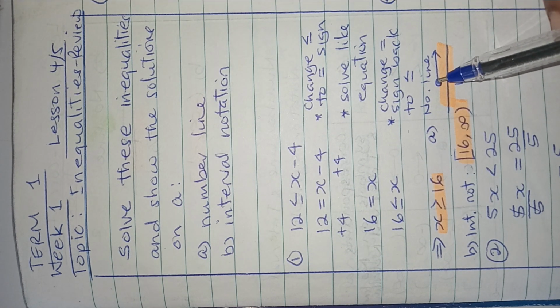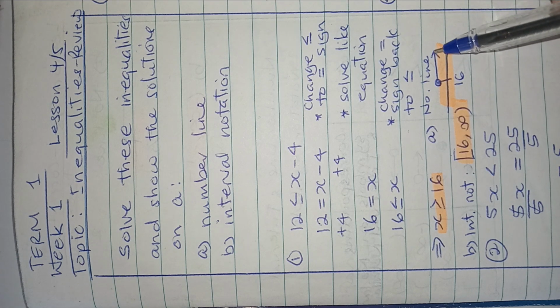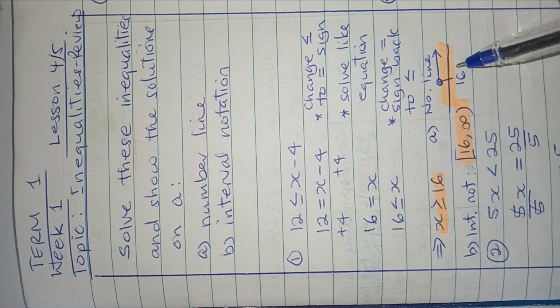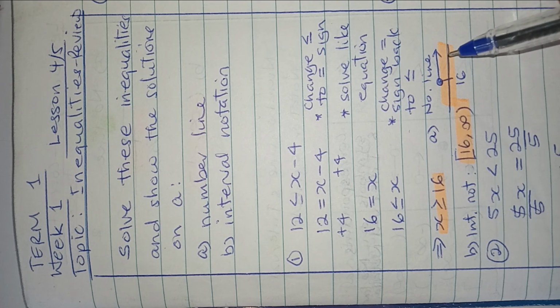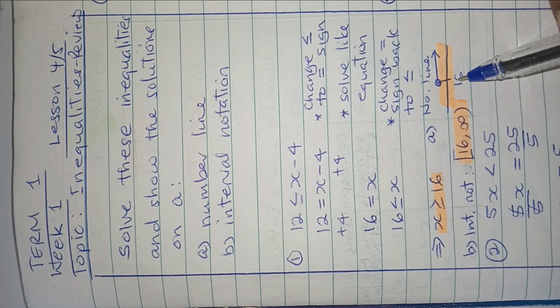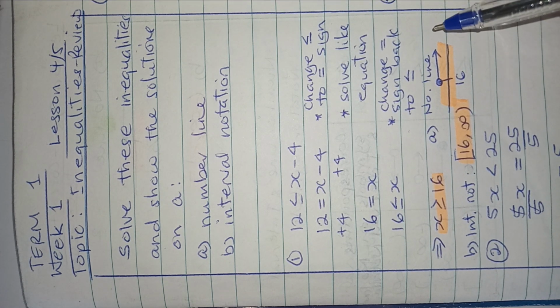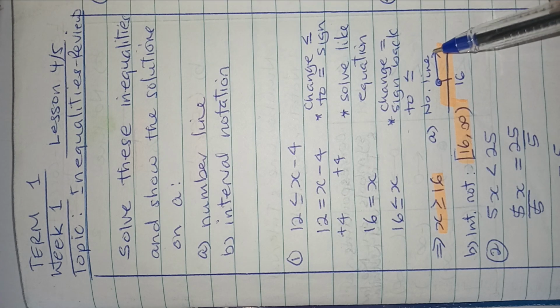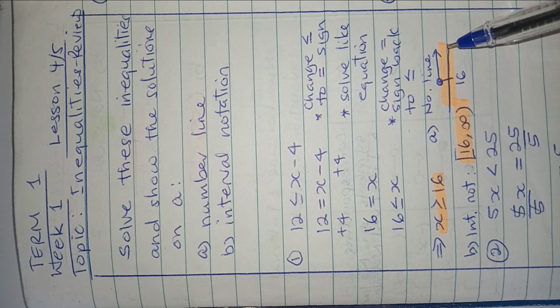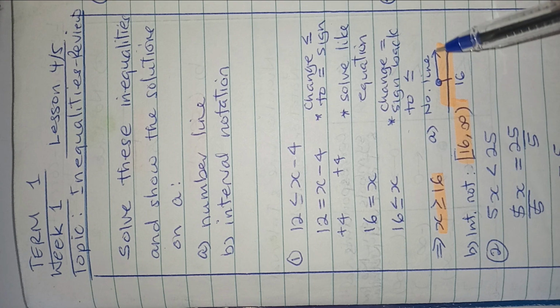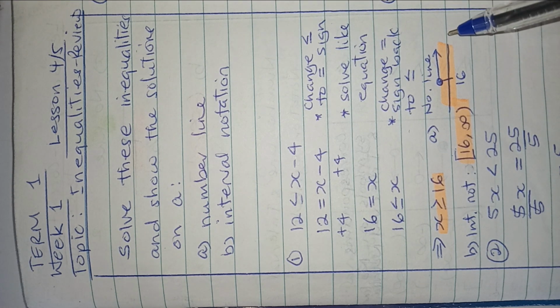And so we point the arrow towards the right, indicating all the numbers that are greater than 16. So all the solutions of x include 16 and 17 and 18 and 18.9 and all the way towards infinity. The arrow doesn't stop there. The arrowhead shows that it is continuous.